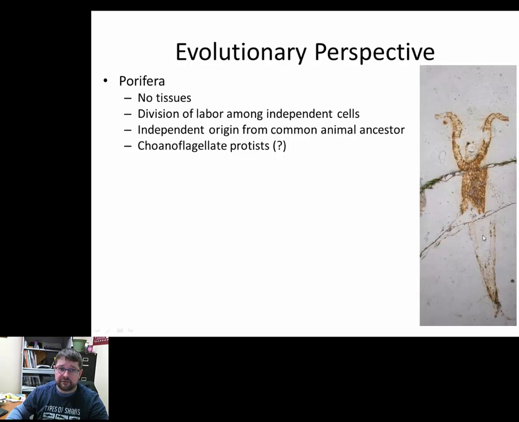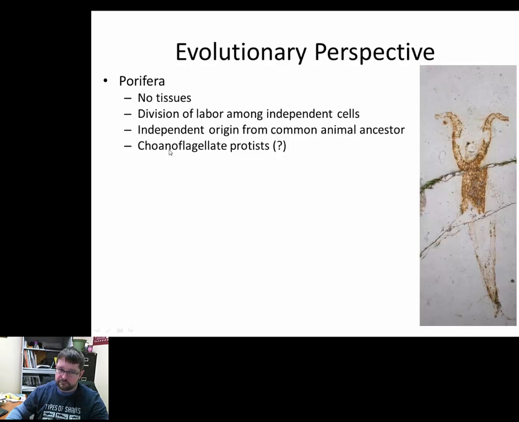We have fossil evidence of ancient sponges. Okay? The problem that we have when examining fossil evidence is that it's hard to see at the cellular level. Are the cells that we currently see today, these independent cells, the same cells that we saw millions of years ago, hundreds of millions of years ago?